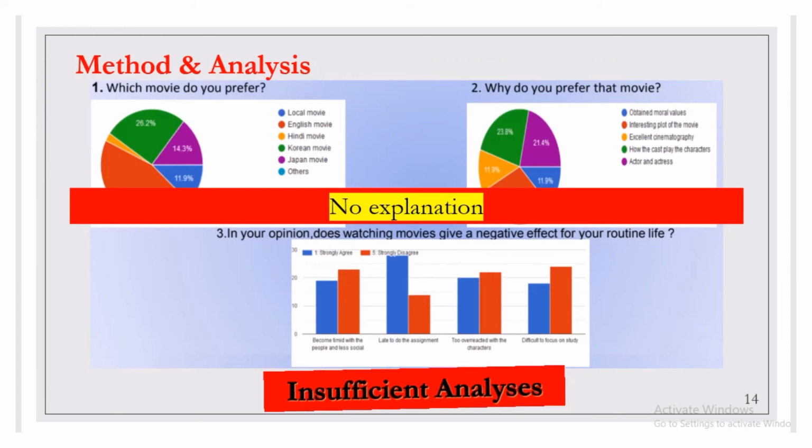This is an example of a project report with insufficient methods and analysis. The numerical and graphical results are shown but not interpreted. No explanation of how to organize, summarize, and analyze secondary data is included in the report.